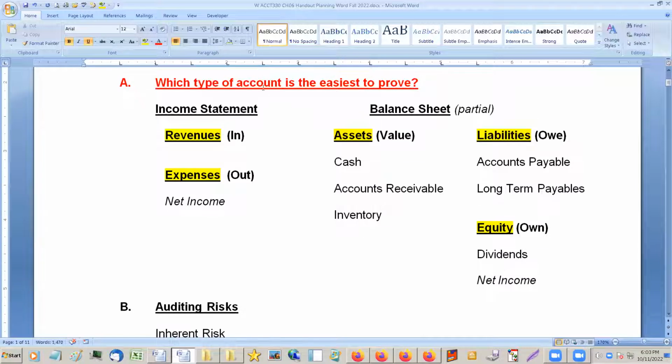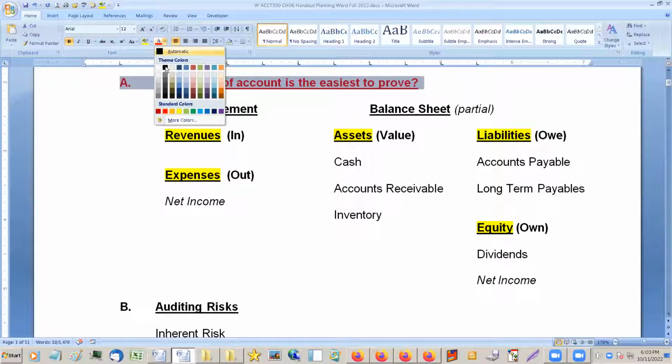Now, the question is, which type of account is easiest to prove? Is it revenues, expenses, assets, liabilities, or equity? Anyone?